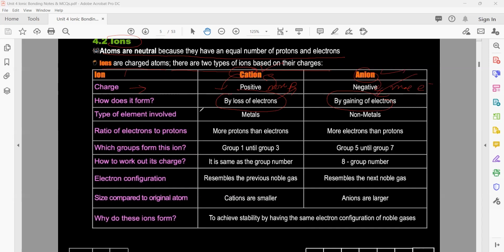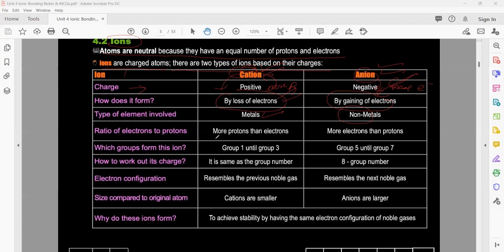So which type of elements make cations? Metals. If you see in the periodic table, metals always lose electrons, so they always form cations. Non-metals always gain electrons, so they make anions.